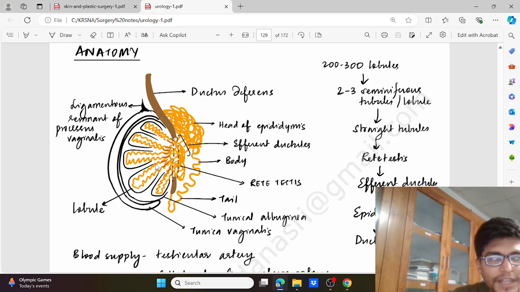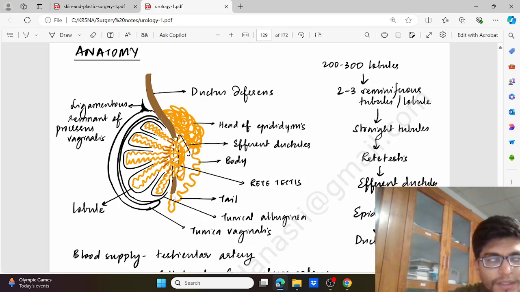And then we have the lobules, which contain the various seminiferous tubules. These lobules will connect to the rete testis, and rete testis will connect to the epididymis, and epididymis will connect to the ductus deferens.